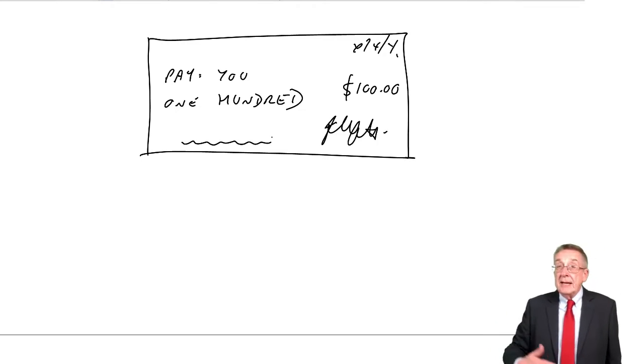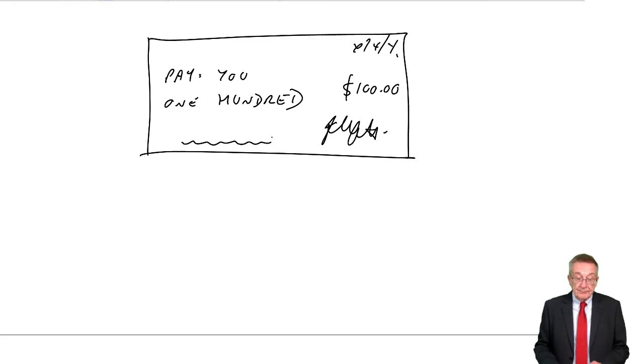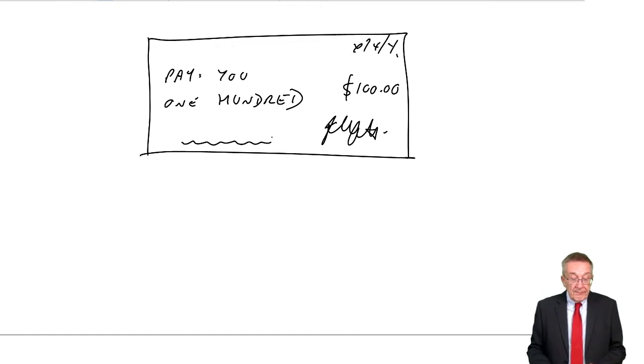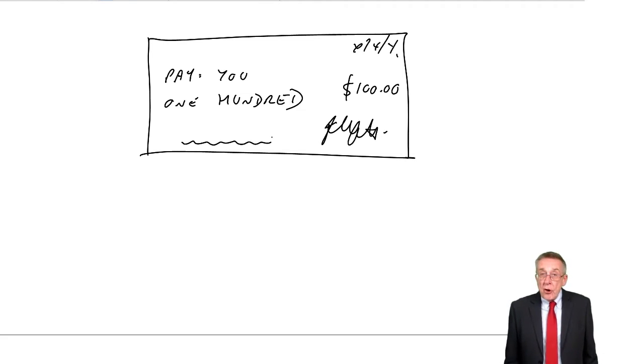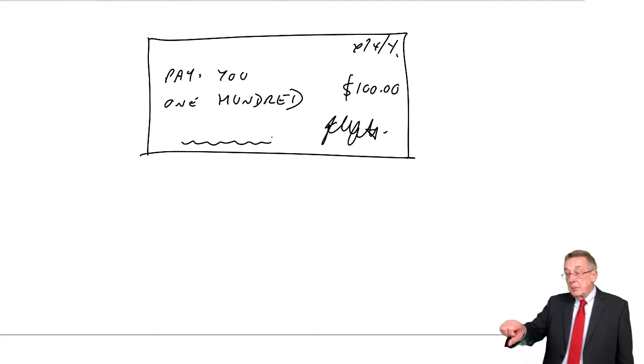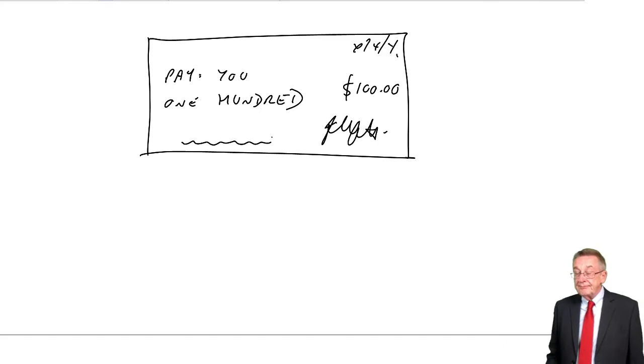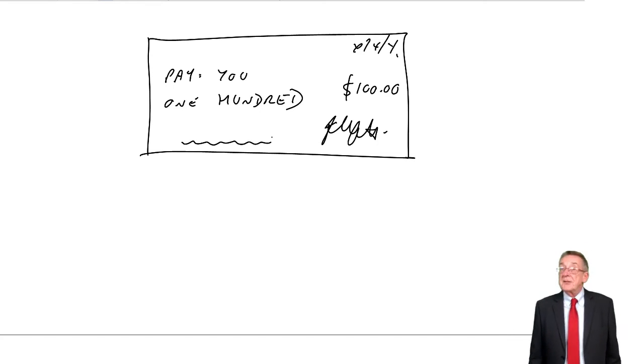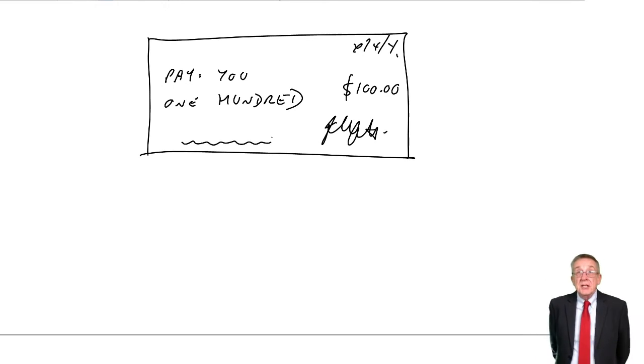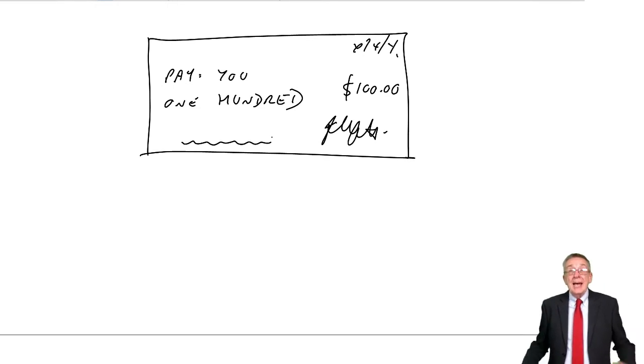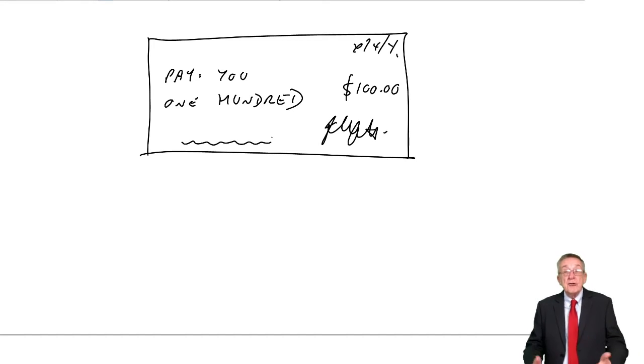If somebody gives you a cheque, you're receiving money. Next one, drawer of a cheque. The drawer, for ordinary people, is something you put things in. For accountants, the drawer is the person who writes the cheque. So I just wrote that cheque to you for 100. I am the drawer. I draw the cheque.